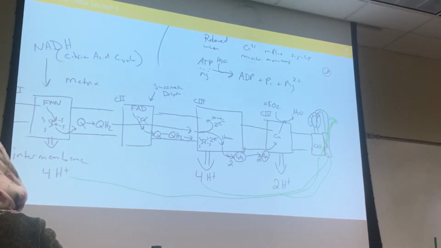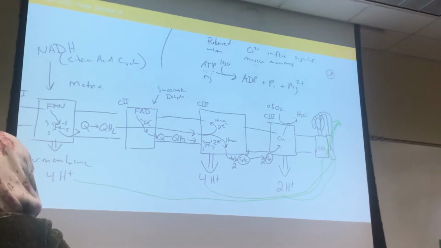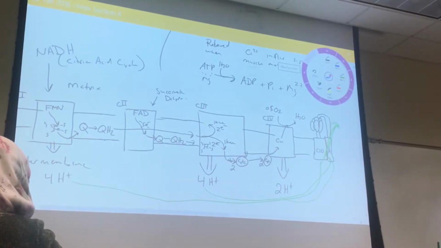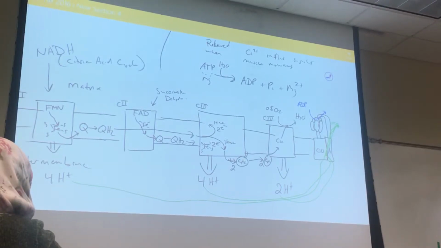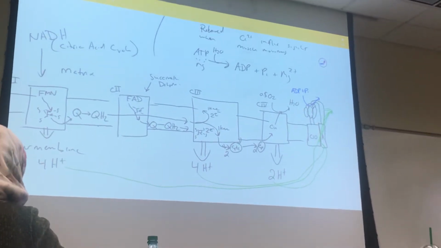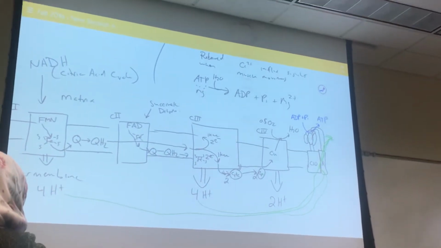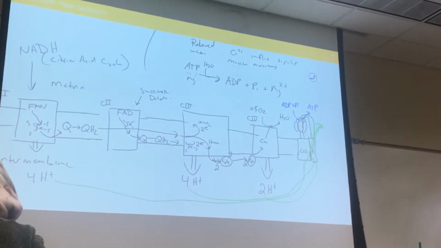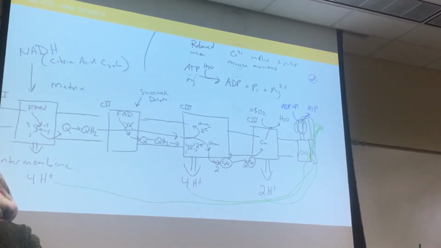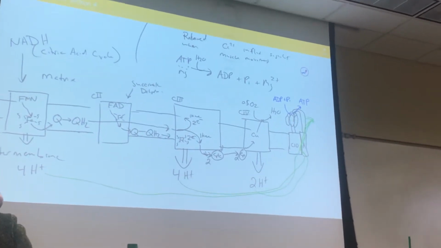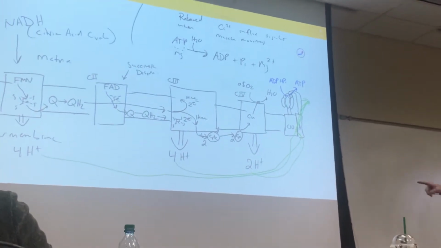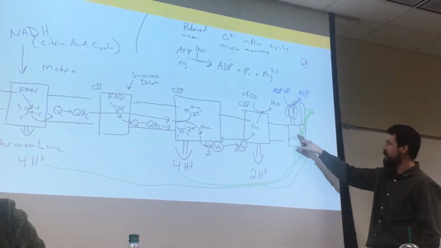And the flow of those protons is going to power taking ADP plus Pi and making it ATP, just like we talked about. Because they have to flow through there, and it's due to conformational changes, right? Those protons have a pathway to travel between this A and these C10 subunits.